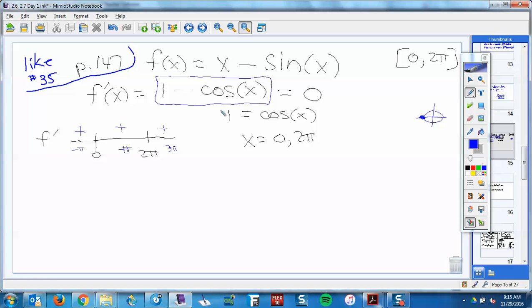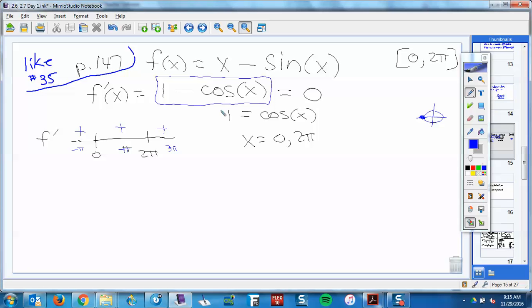Actually, that makes sense. 1 minus cosine is just the cosine graph flipped and shifted up one. The negative would flip it, and then you shift it up one, so isn't it always going to be above the x-axis, right? So it's always going to be positive, so that's why the f graph's always increasing.